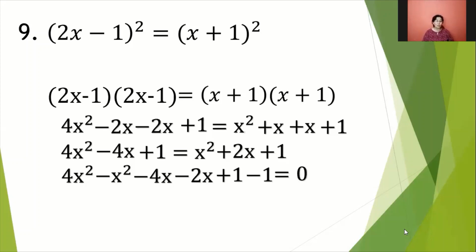4x squared minus x squared is 3x squared. And the other like terms are negative 4x minus 2x. Like terms mean they have the same degree.